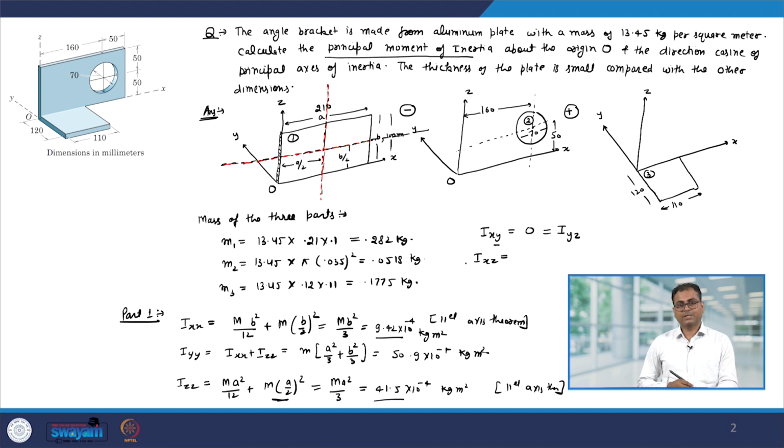So, for the Ixz you can use the parallel axis theorem. We can first find out the moment of inertia about these axes. Let me call them Ixz bar plus m into a by 2 into b by 2. Okay, so this comes from the parallel axis theorem.